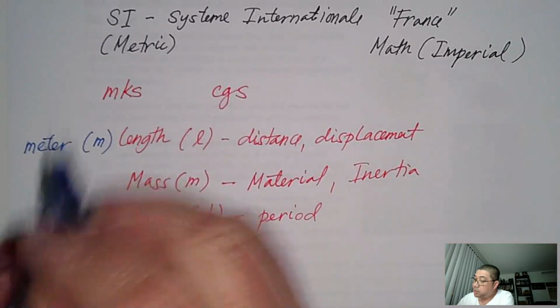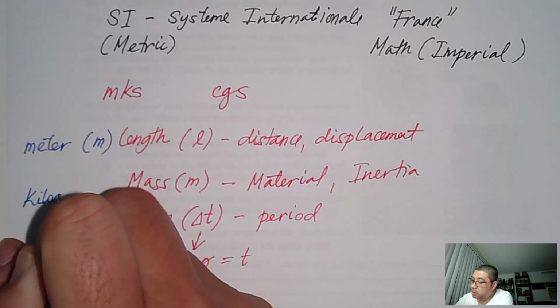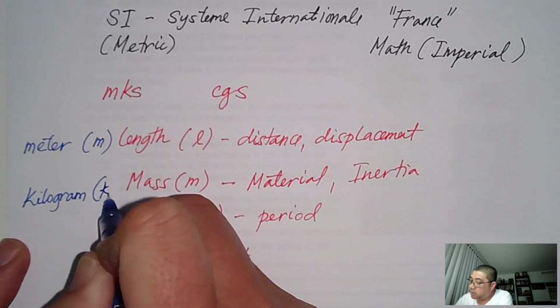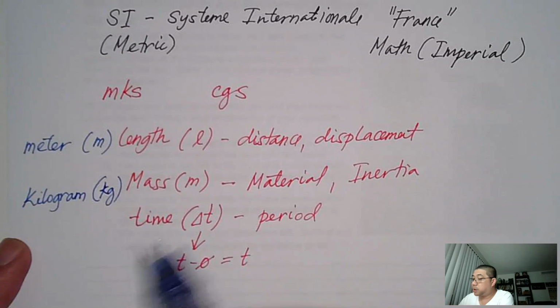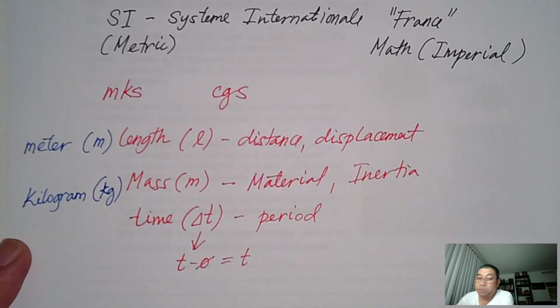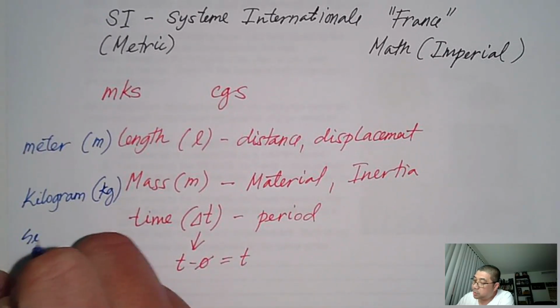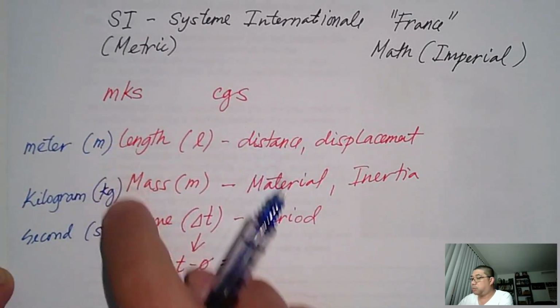Mass, for this type of measurement, is in terms of kilograms, and that is kg. So K. And then last but not least, the basic unit of time is your seconds, or S. So MKS.